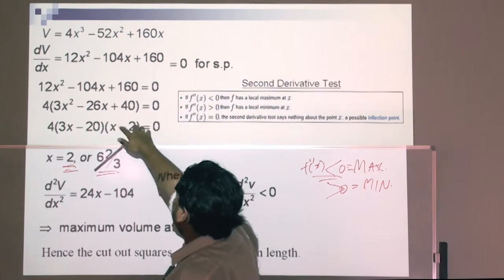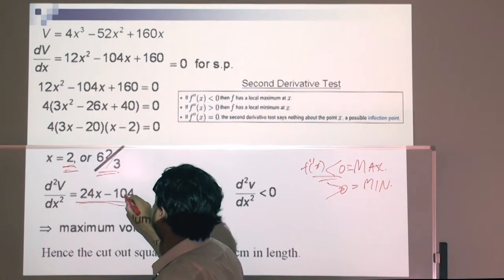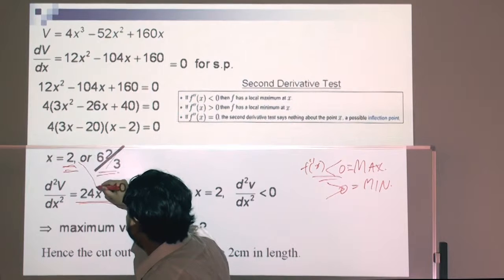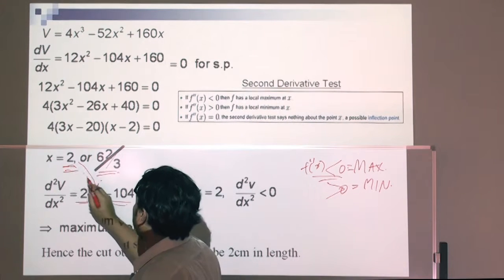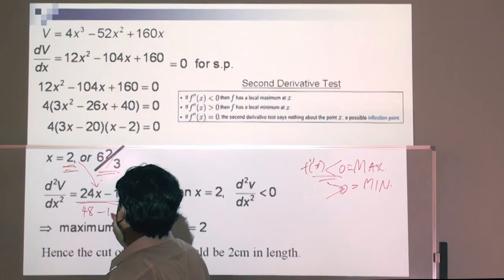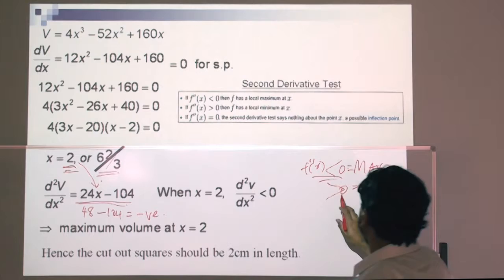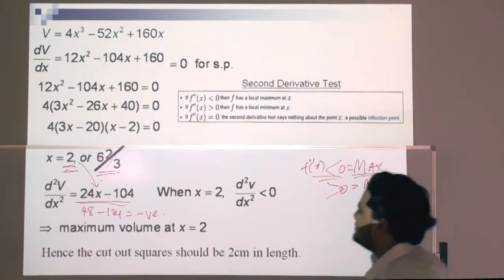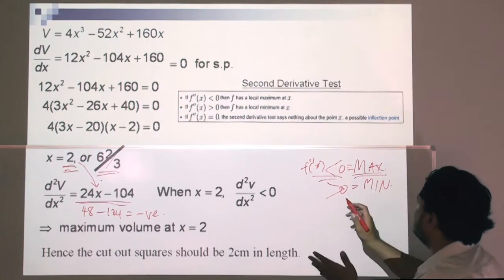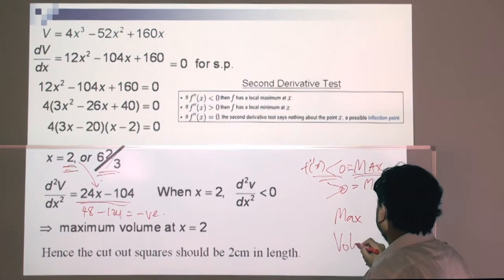Now, after doing the double derivative, we get 24x minus 104. If we take that 2 and put it here, we get 48 minus 104. That will equal a negative, and a negative value is a maximum. What was the question? We're looking for the maximum volume.